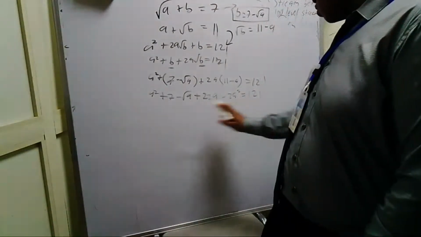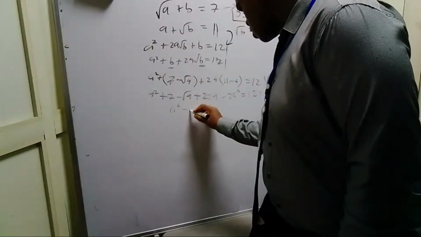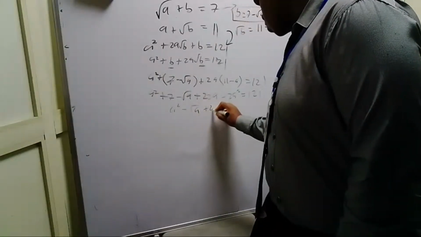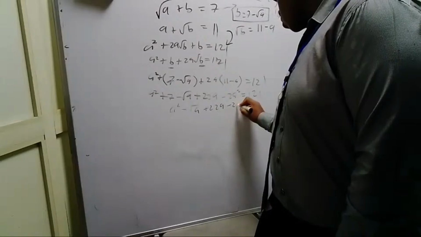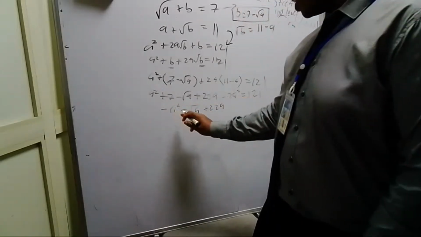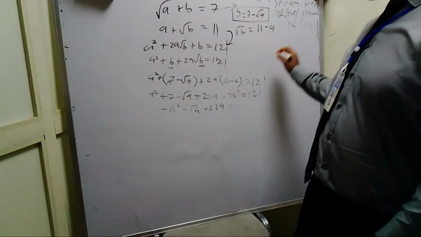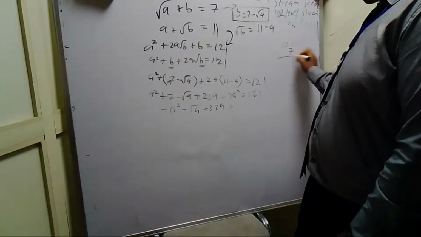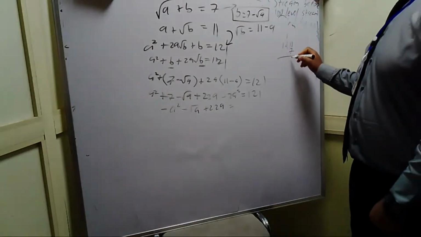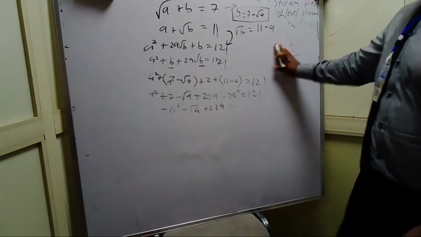Moving 7 to the left hand side, we have a squared minus root a plus 22a minus 2a squared, and we can cancel out one a squared there. That is minus a squared minus root a plus 22a is equal to 121 minus 7, that's 114.